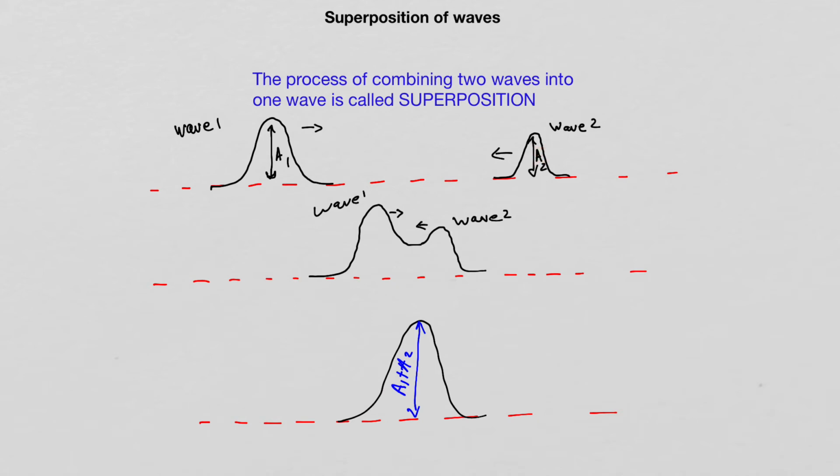And then after the two waves have interacted, they will continue moving on in their own original directions, as if they never had met each other. They affect each other in no way, as they superimpose right here on the rope.